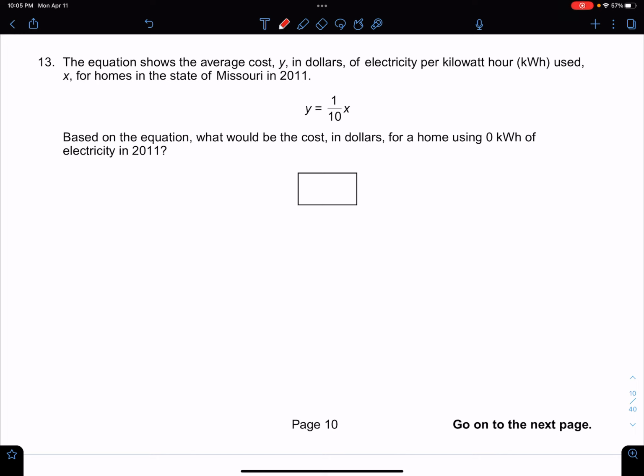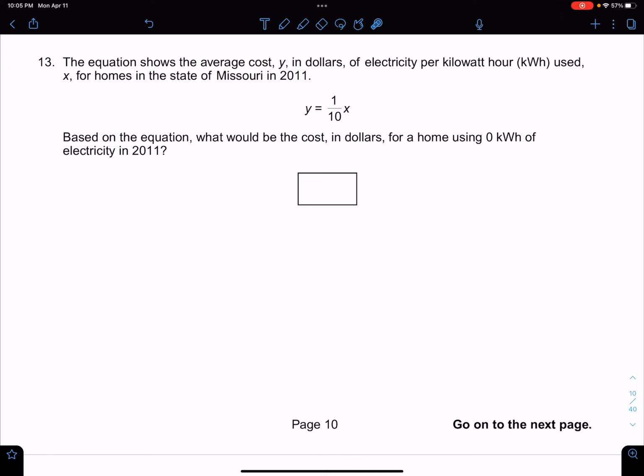So question 13 says the equation shows the average cost, Y, in dollars, of electricity per kilowatt hour used, X, for homes in the state of Missouri in 2011. So the first thing I need to realize is that the average cost is going to be Y, right? So the average cost is going to be this Y here.